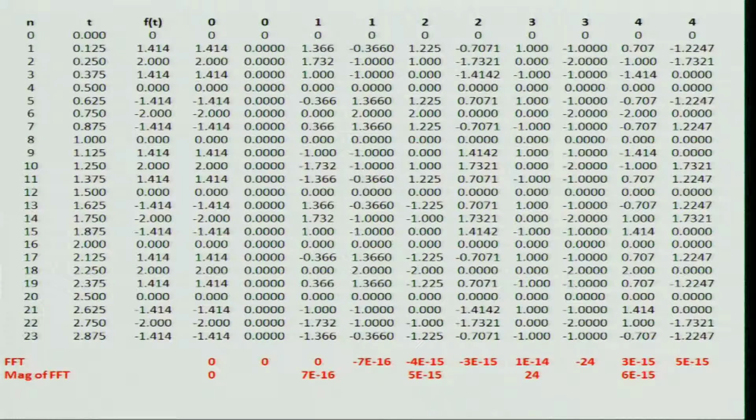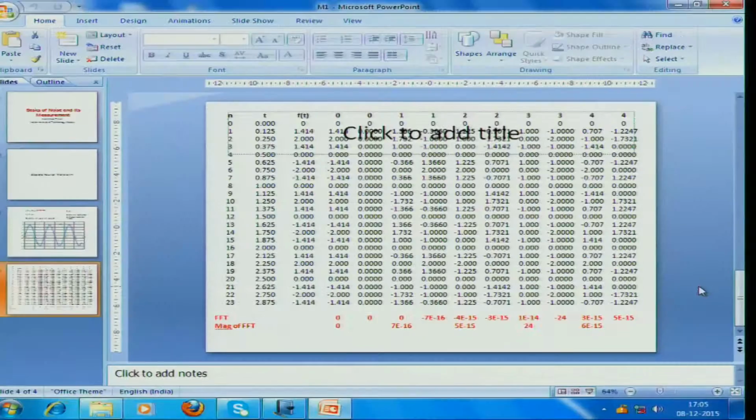So, we get all these values. Then the question is, what do we do with these numbers, right? Because this 24 was not the amplitude of anything and neither was 3 the frequency. So, we have to figure out how to map this information into the real thing.